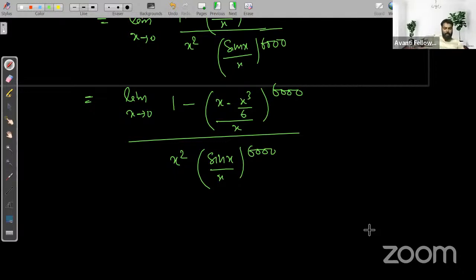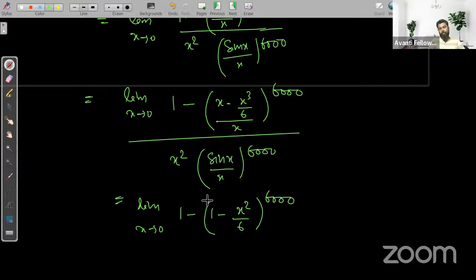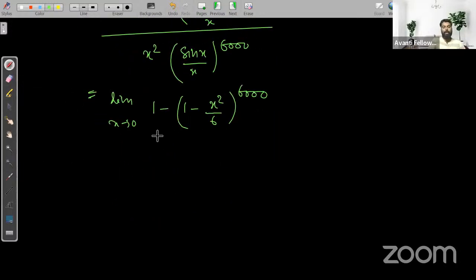So finally it will simplify to the limit as x tends to 0 of 1 minus (1 minus x square by 6) to the power 6000, divided by x square into (sin x upon x)^6000.